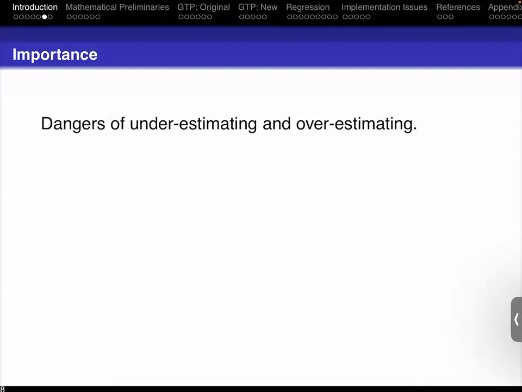So can somebody give me, in battle, a danger of overestimating or underestimating how many enemy tanks there are? If you underestimate, you're not going to bring enough tanks. Good. So if you underestimate, you might not bring enough tanks and you might be defeated. If you overestimate, you might win that battle, but you might put so many forces there that you might lose someplace else.